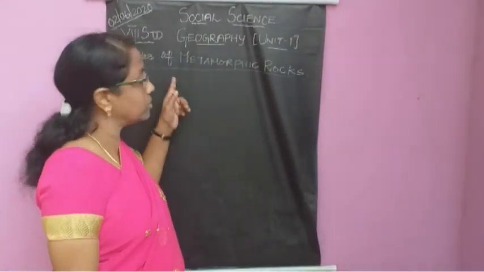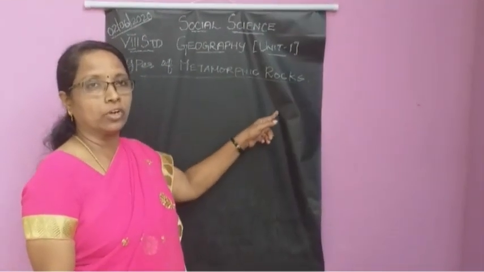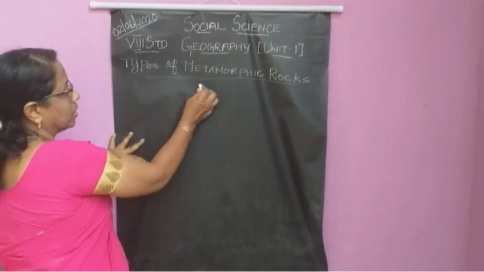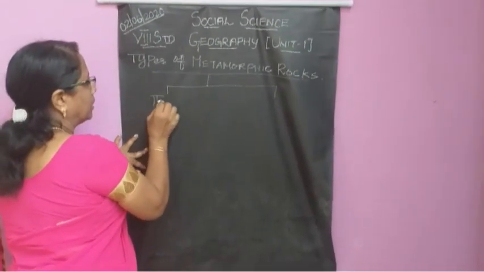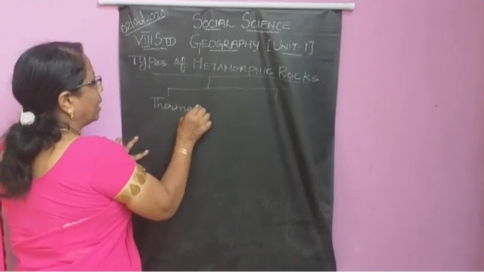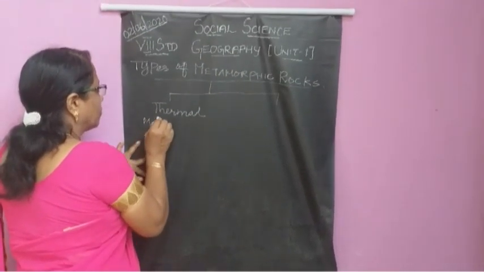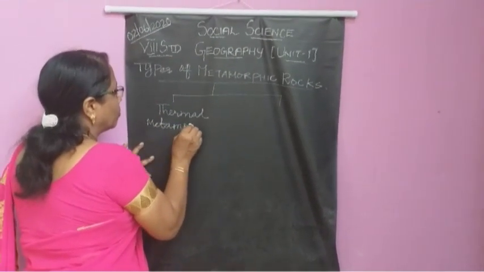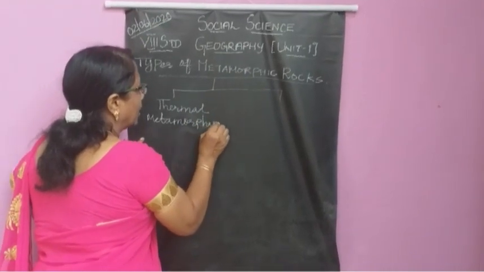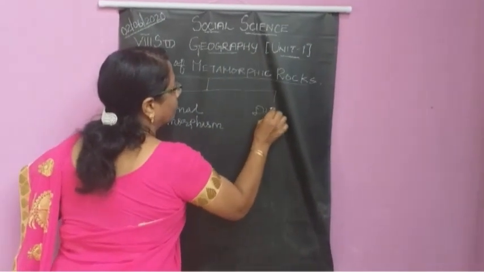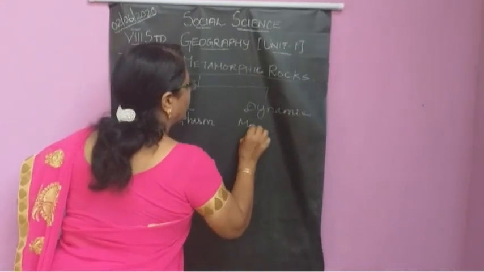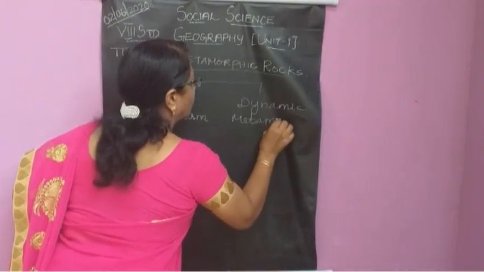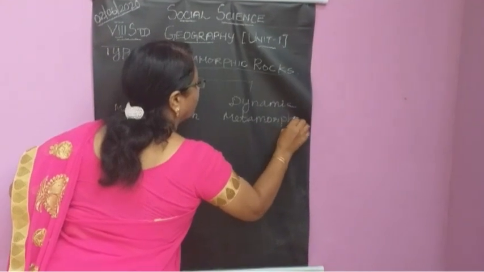Now we are going to see the types of metamorphic rocks. Metamorphism is of two types: thermal metamorphism and dynamic metamorphism.